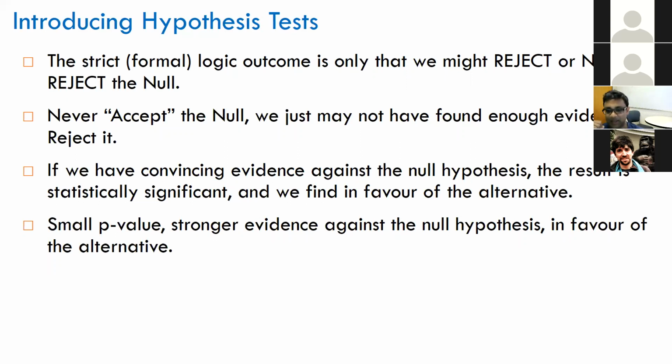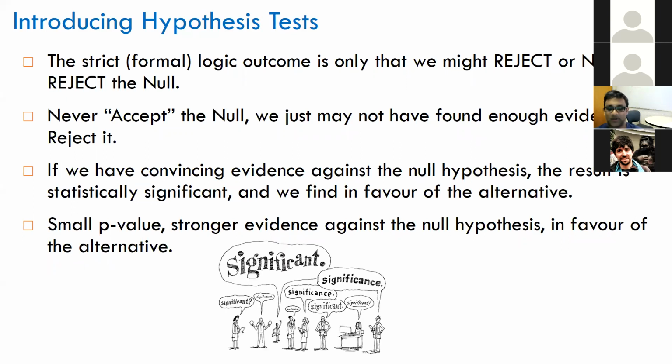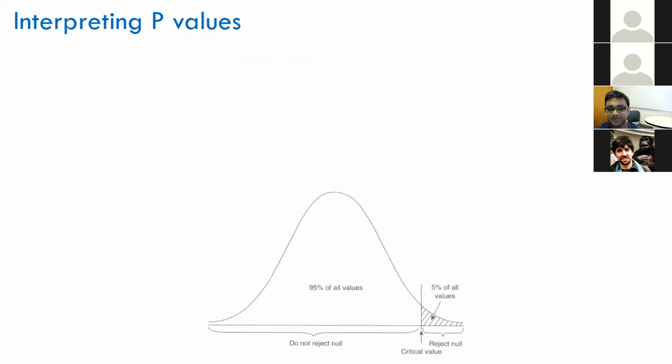You use the p-value against a cutoff line between the null and the alternative, in favor of the alternative, right? So the p-value is very important to say whether there is a significant difference or not. I'll get back to that.